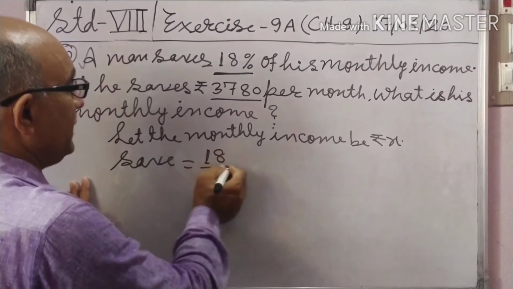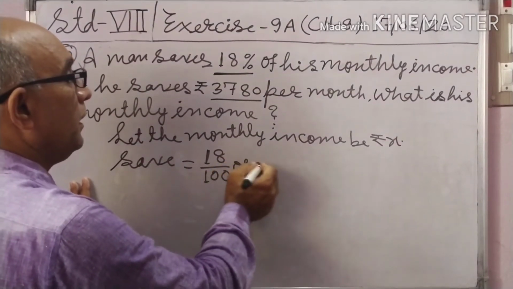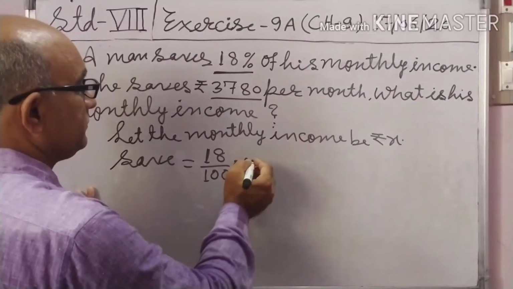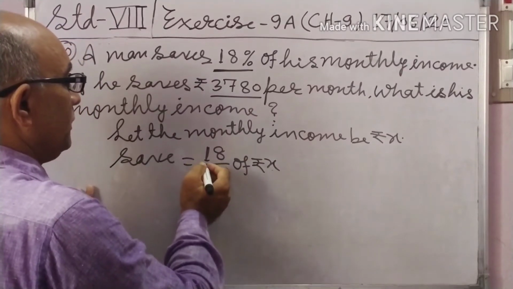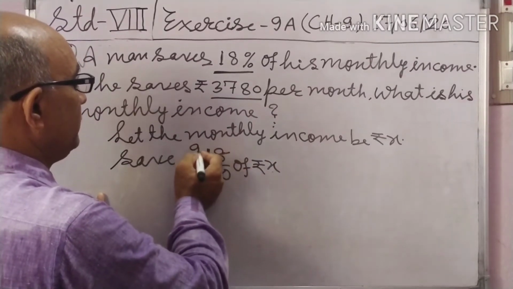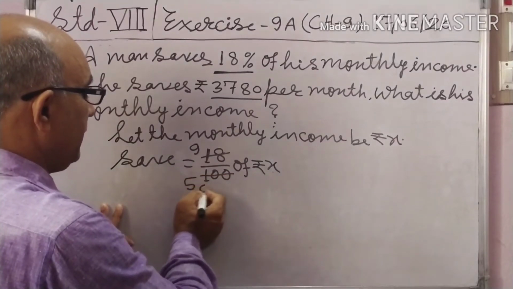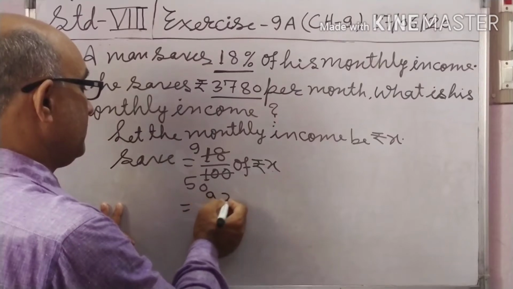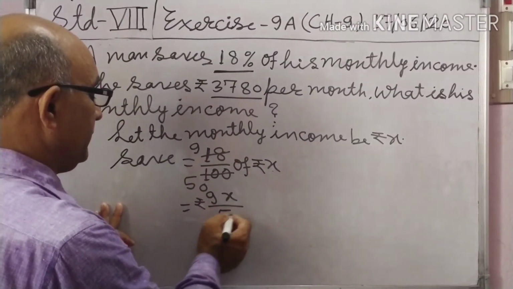So 18% means 18 by 100 of x rupees. So 9 to the 18 and 50 to the 100. That means 9 rupees, 9x by 50.